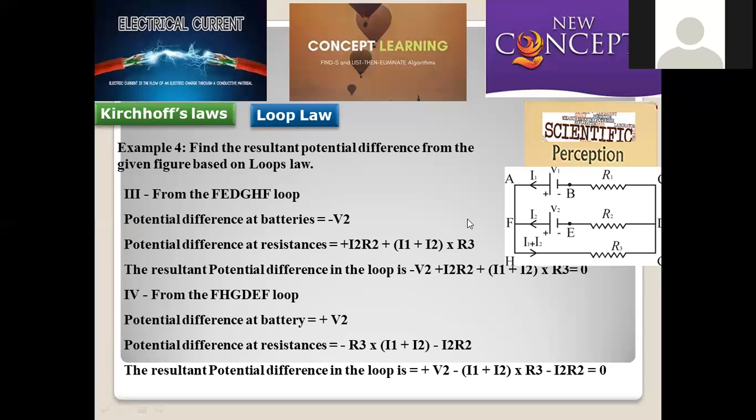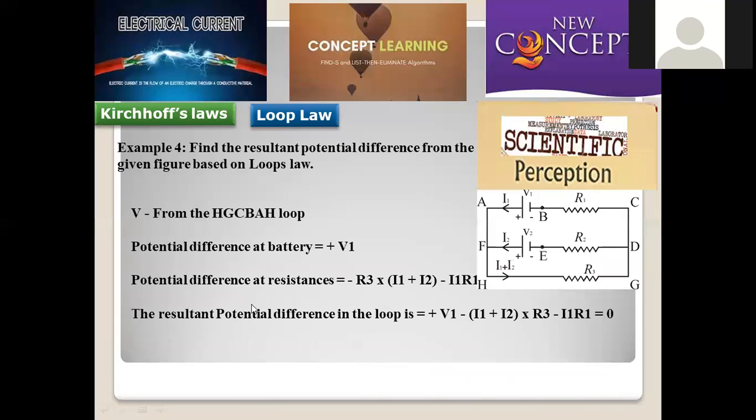Now minus R3, because here the direction entirely changed. Minus R3 times I2 plus I3, minus I2 R2, and ultimately here also the algebraic sum of the potential will become 0. Hence for this loop also potential difference is taken as 0. In all the conditions, Loops law got clearly verified.